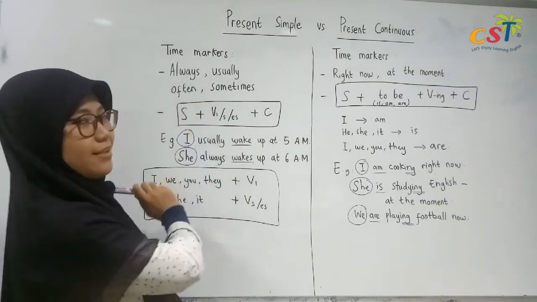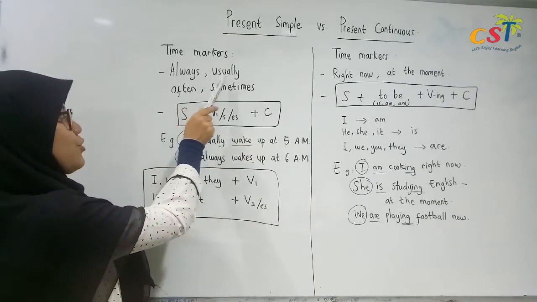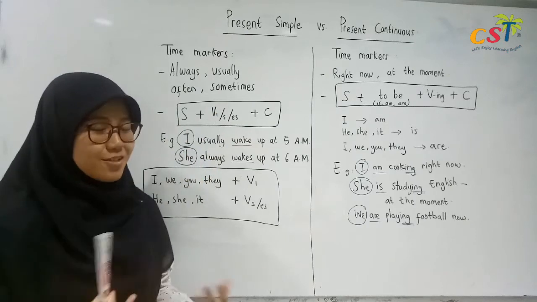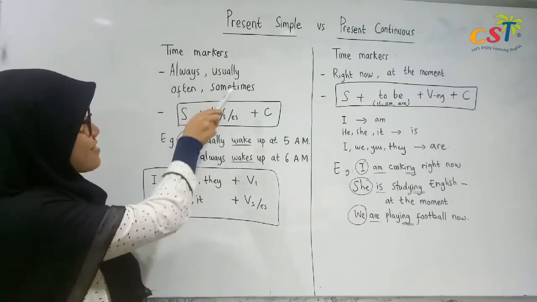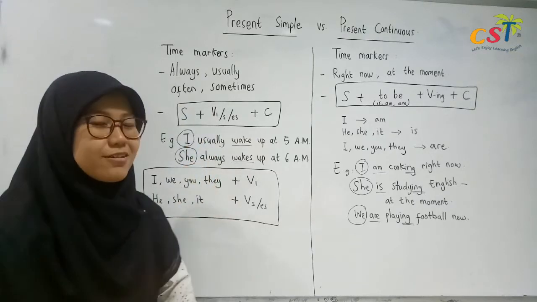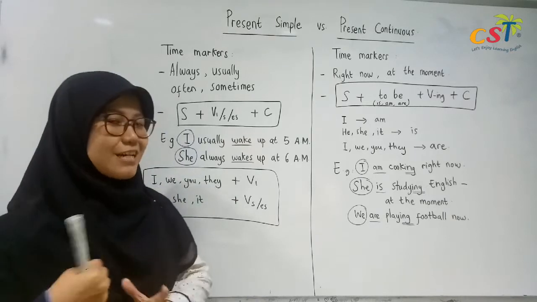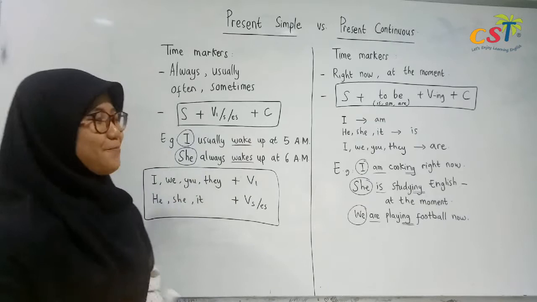For the present simple, the time markers are always, usually, often, and sometimes. There are still more actually, but for Unit 1, these are the 4 time markers that usually appear in your review or in your test or in your book from Unit 1.